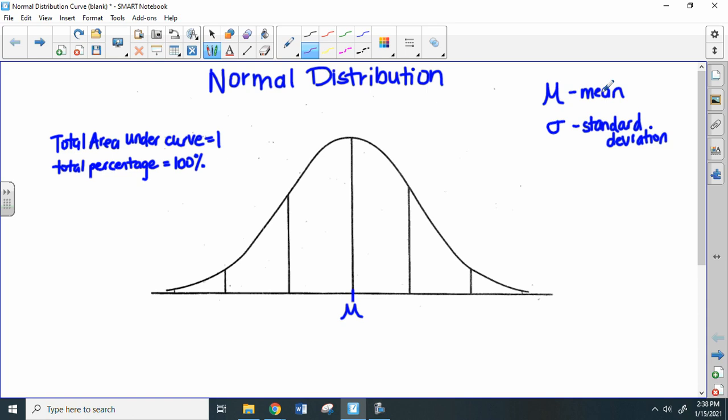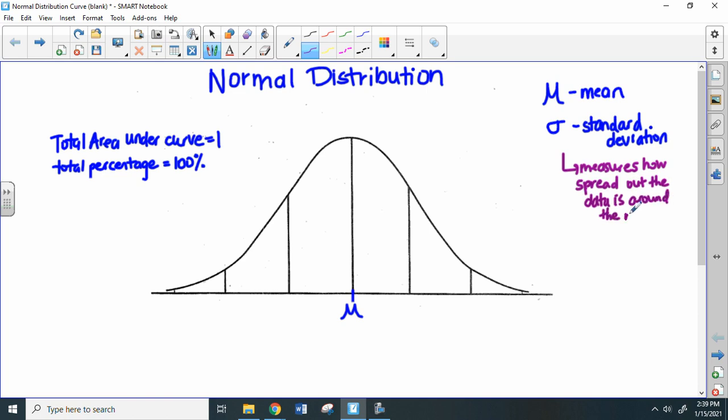Mean is the average of all the data values, and sigma, or standard deviation, measures how spread out the data is around the mean.